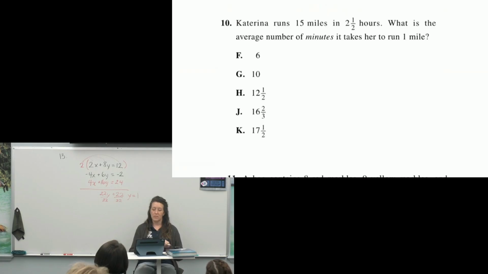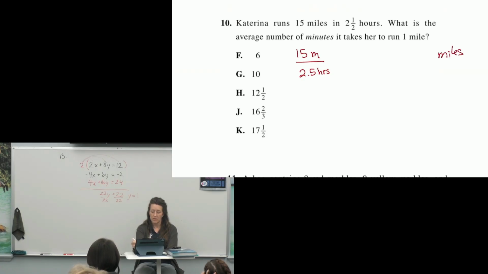Katerina runs 15 miles in 2.5 hours. What is the average number of minutes it takes her to run 1 mile? Fifteen miles. Minutes per mile.